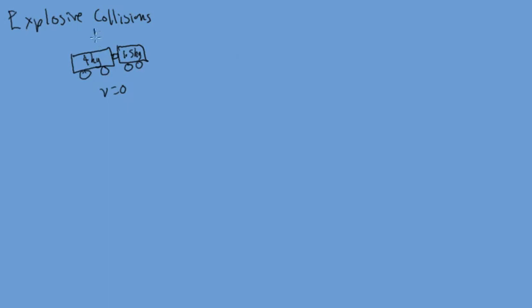This is before, and after. This here has like a little piston that explodes, and it causes the two trolleys to decouple and go their merry ways. And so we've got this kind of explosion here that makes that happen.